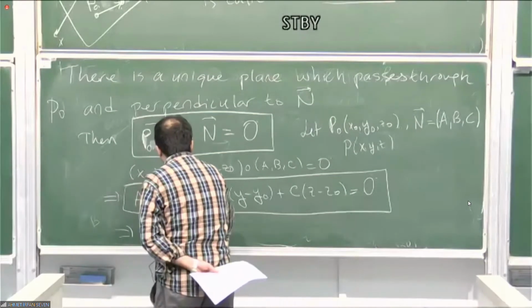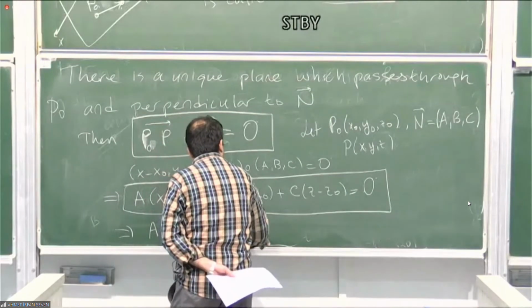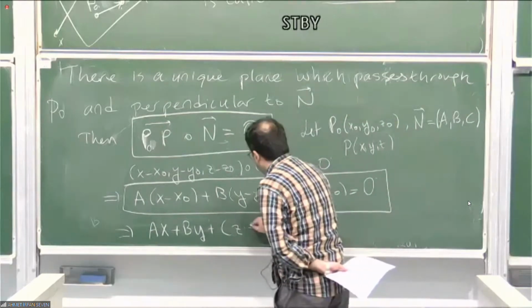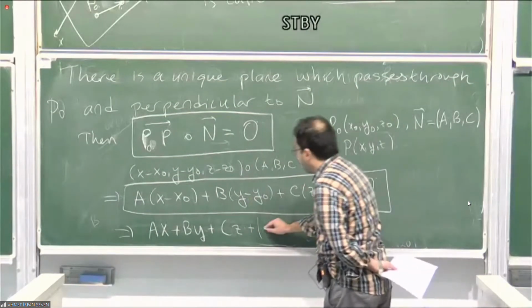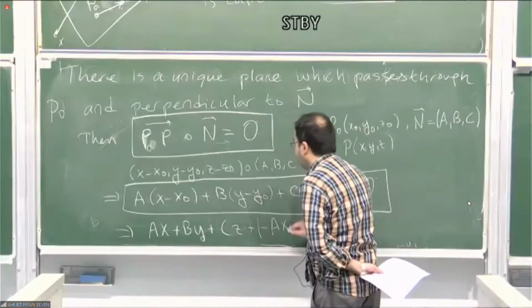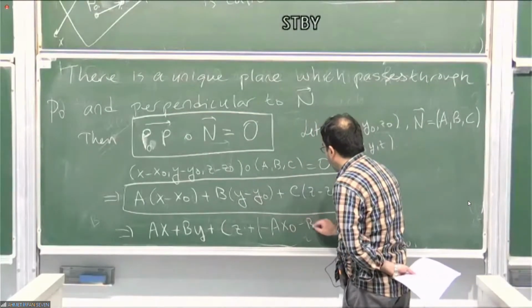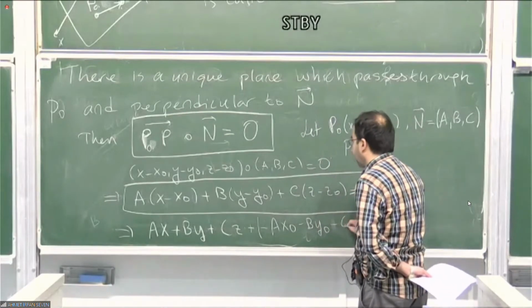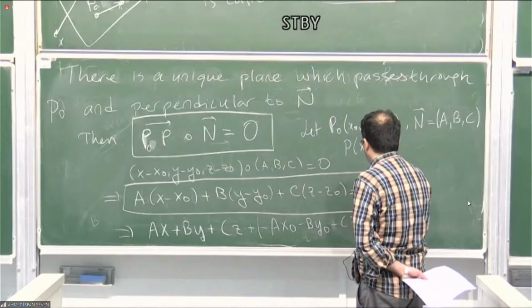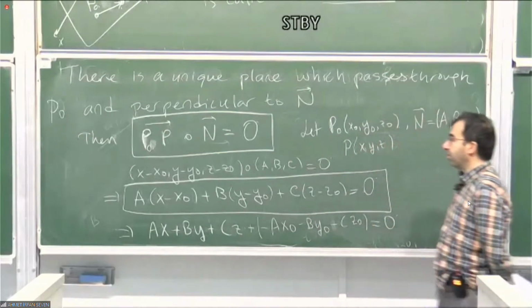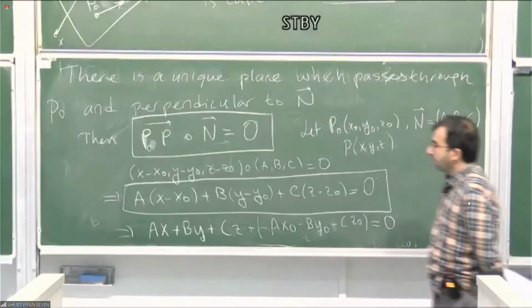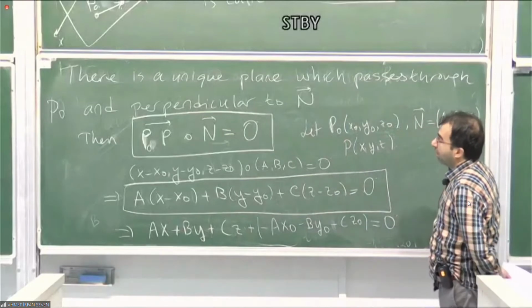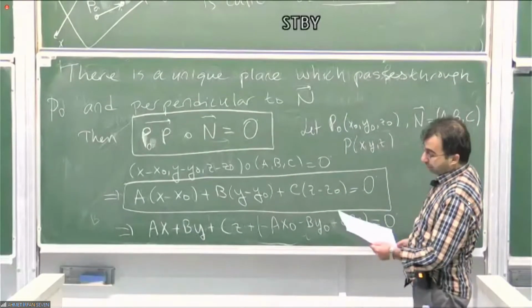Ax plus By plus Cz, plus there will be this constant term, minus Ax0 minus By0 minus Cz0, equals 0.